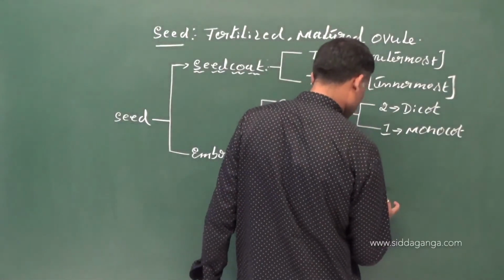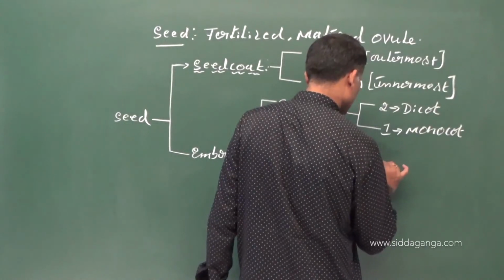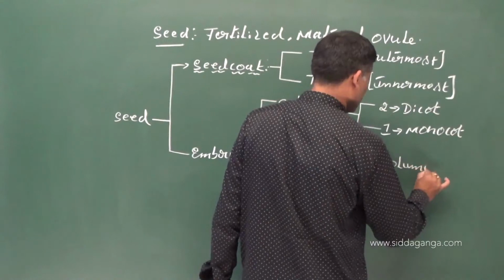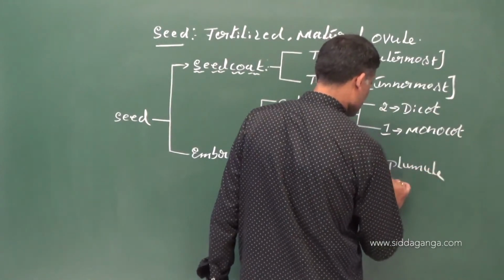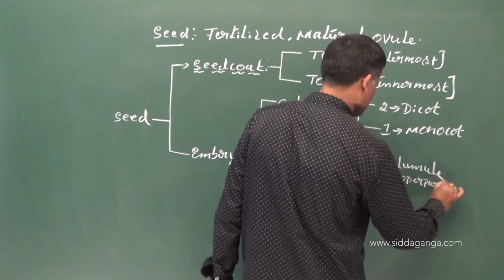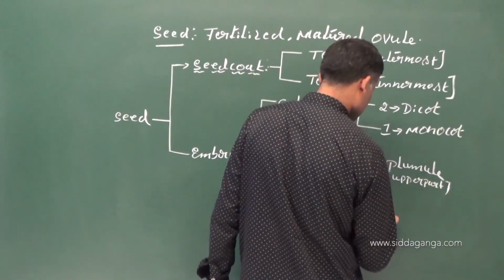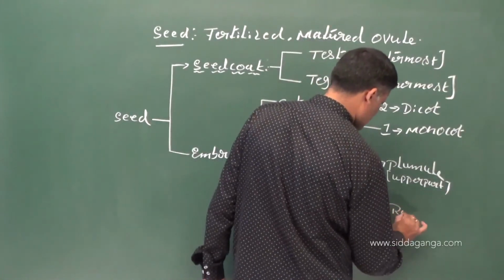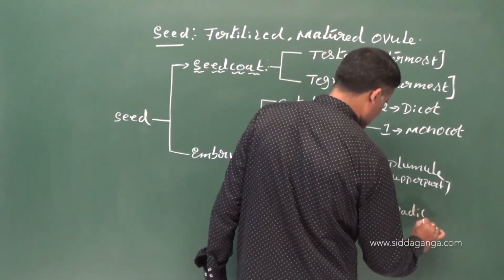Then the embryonic axis: the upper part of the embryonic axis is called the plumule. Plumule is the upper part of the embryonic axis. Then the lower part of the embryonic axis is called the radicle.